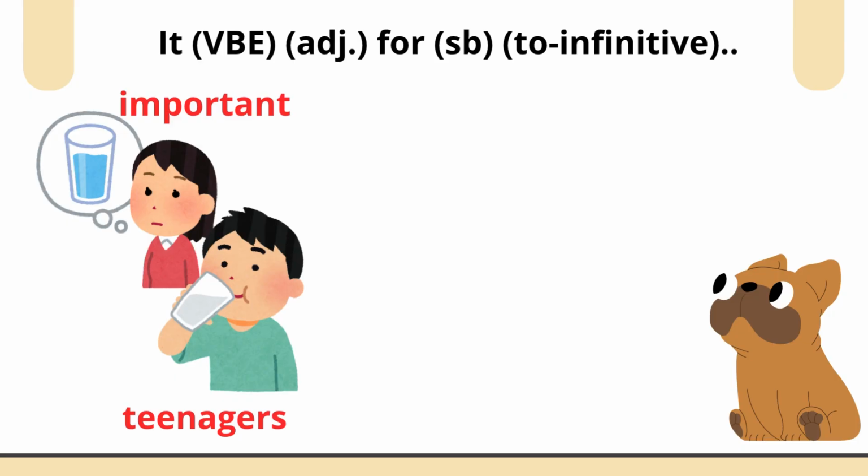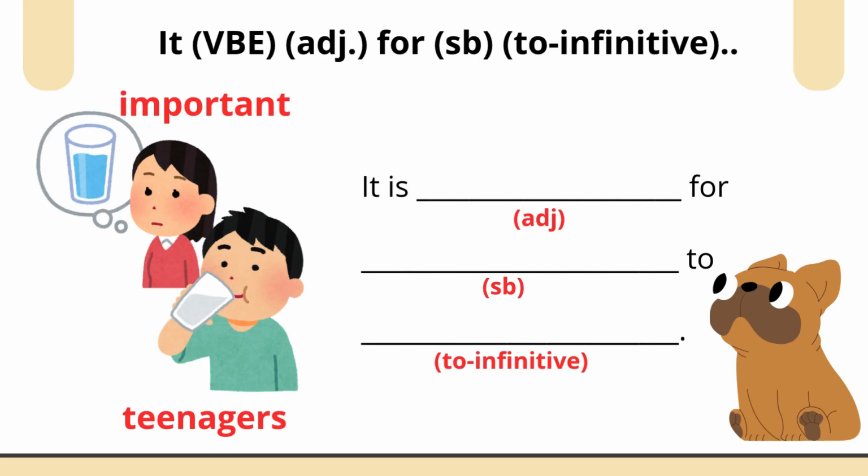On the screen, there are two teenagers, and both of them are thinking about water right now. And the adjective indicated by the question is important. So, how does this sentence pattern work? We put the adjective after the words it is, as we have already known that important is the adjective, and that's why we will say it is important for, but who?